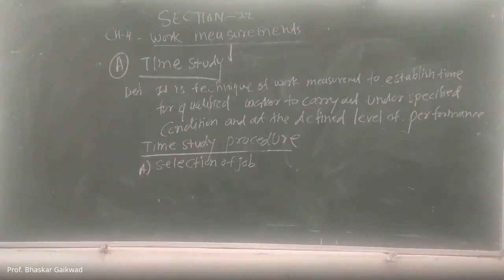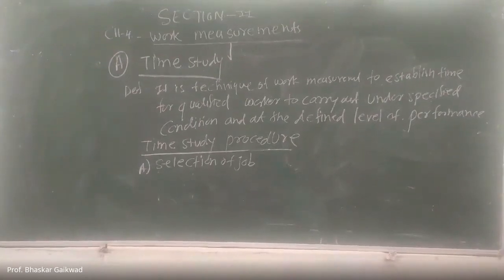Such jobs you have to select. Then jobs with a longer cycle time, repetitive jobs involving longer runs, and sections or departments with more overtime, requiring more time. So selection of the job is on the basis of what?